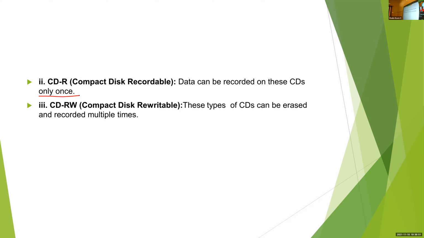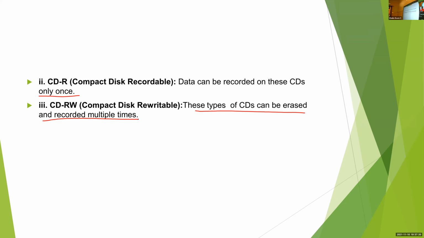Then next is CDRW. CDRW is compact disk rewritable. Compact disk rewritable means multiple times we can read and write the data into that CD. These types of CDs can be erased and recorded multiple times.